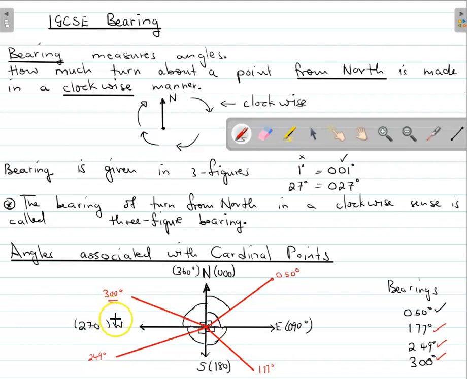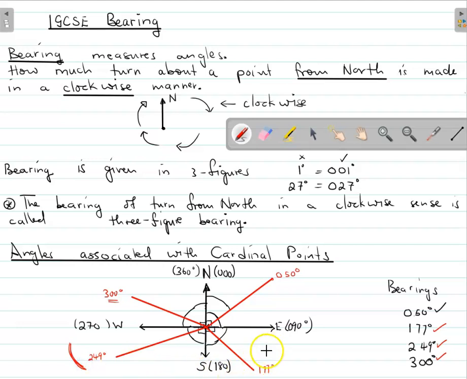So the point I just explained here is that knowing each cardinal direction with its associated angle, when we turn from 0, which is the north, in a clockwise sense, helps you understand where to put any bearing that you are given. If it is between 180 and 270, it comes here.